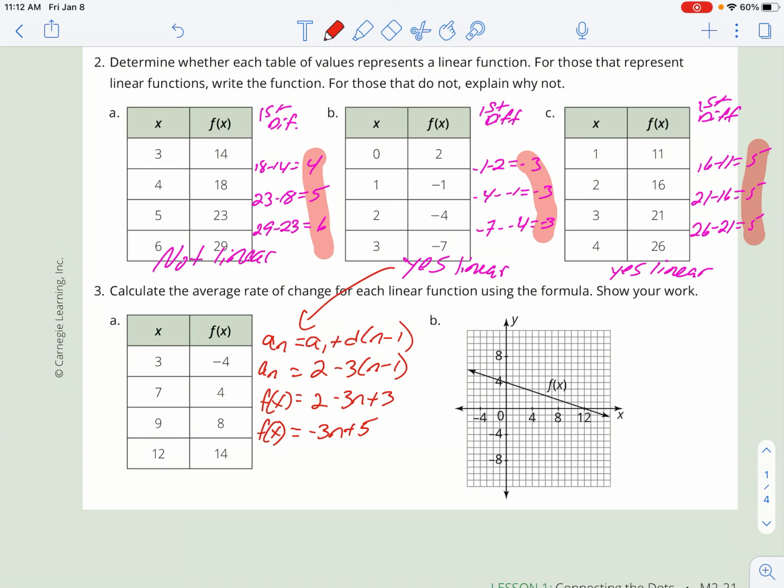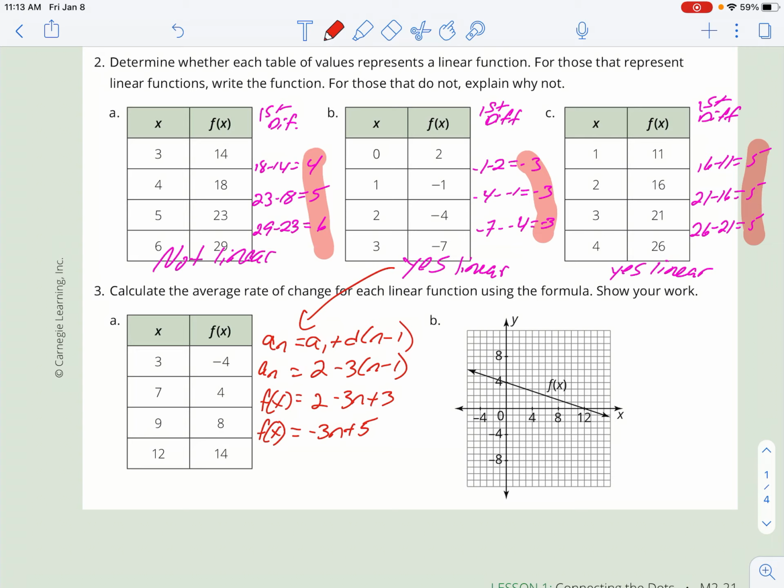Hold on here. What did I do wrong? Give me a second. It should be -3n plus 2. And where am I messing up then?